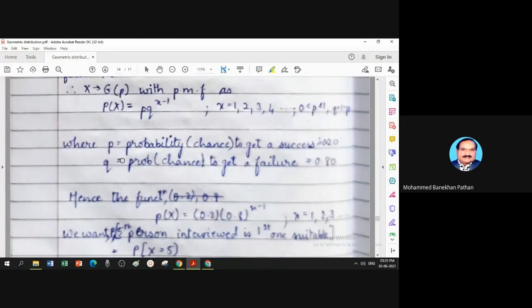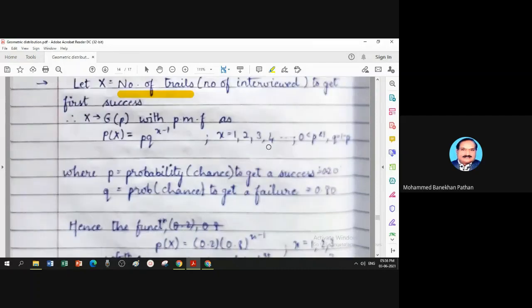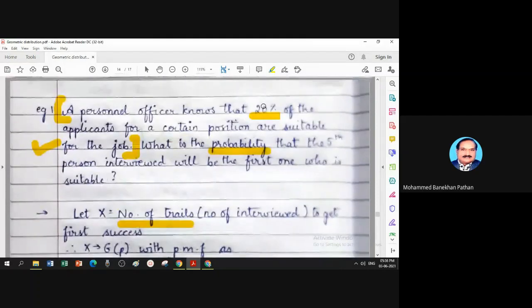What is P? What is Q? You have to define. P equals probability, that means the chance to get a success in a process. And it is given that 20% of the population satisfies your need. So out of 100, 20 people are suitable for the job. That is the information.